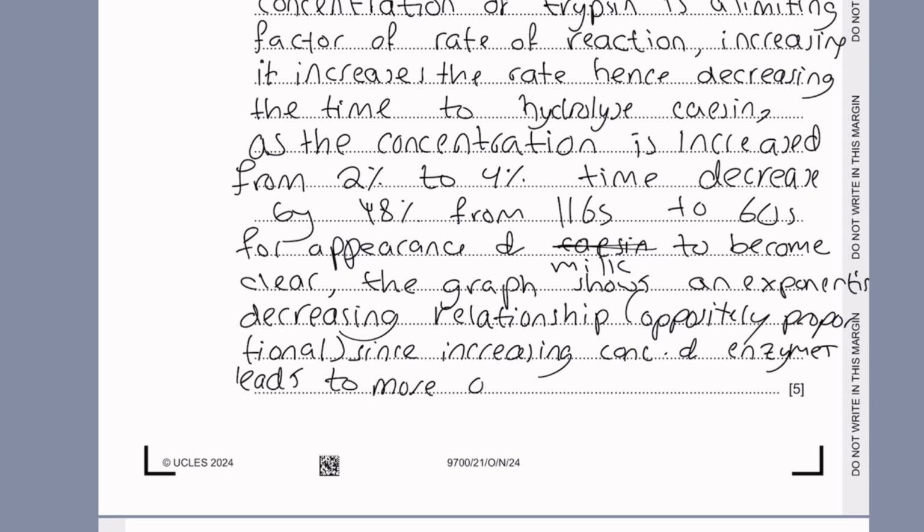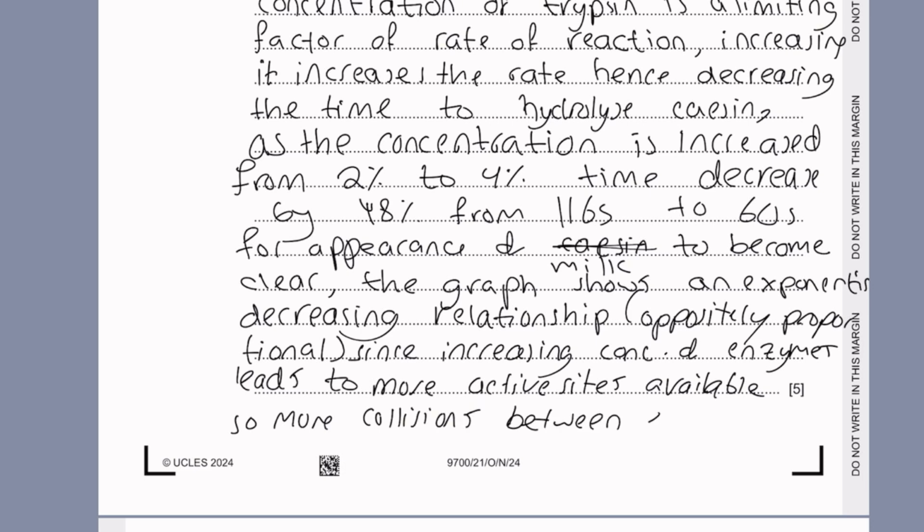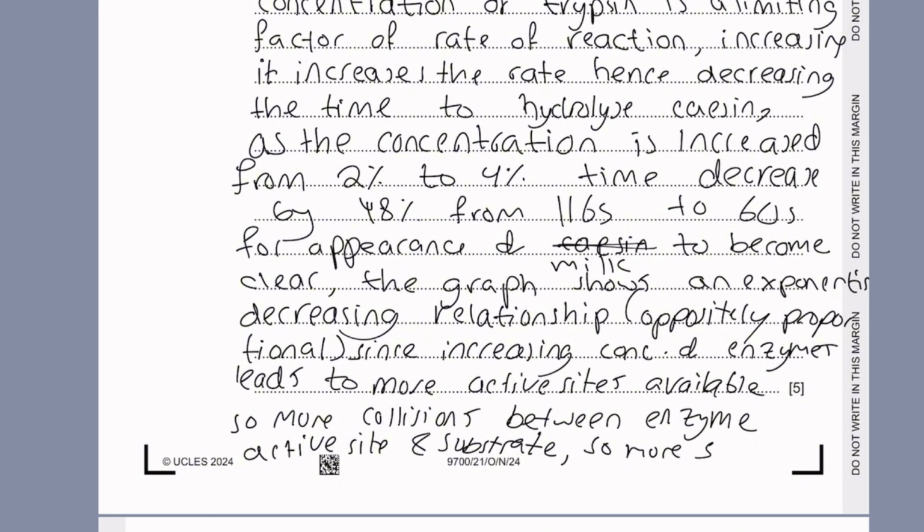You can first say more active sites and hence more collisions between the enzyme active site and substrate binding site, and so more successful collisions. Greater formation of enzyme substrate complex.